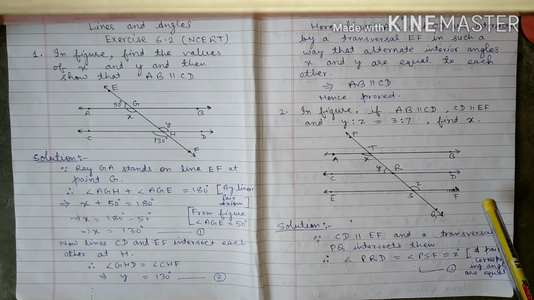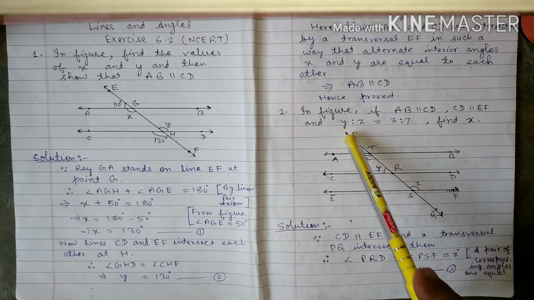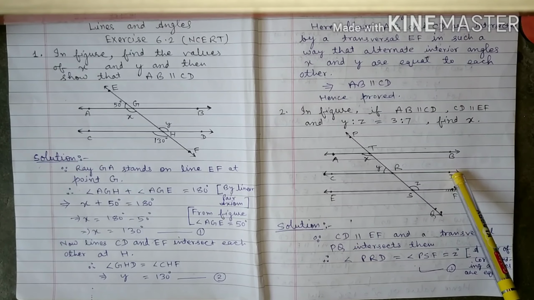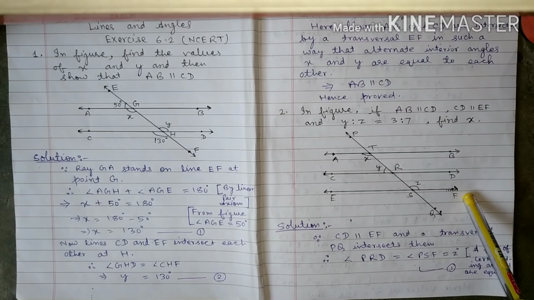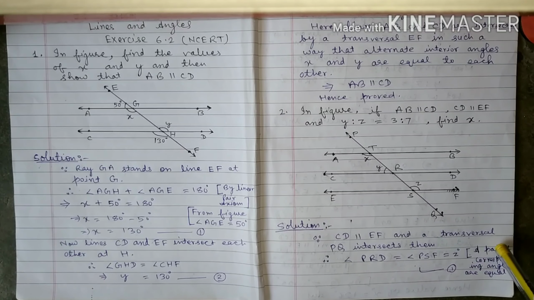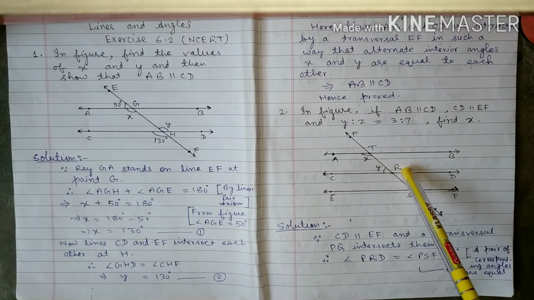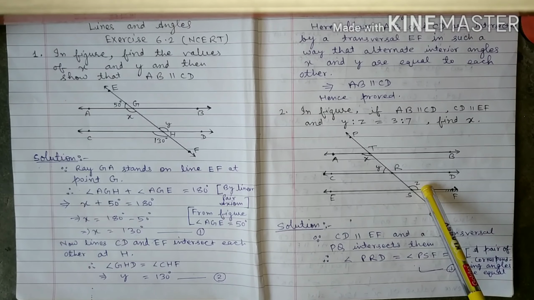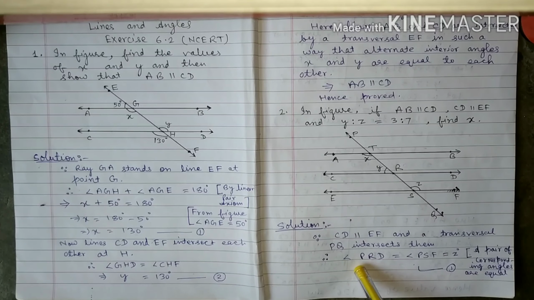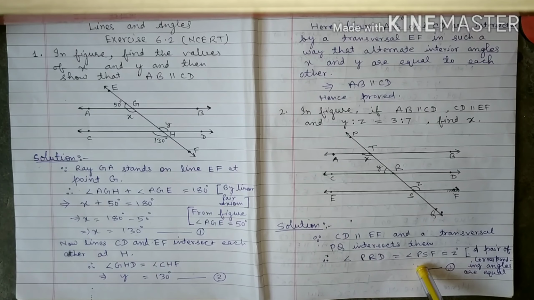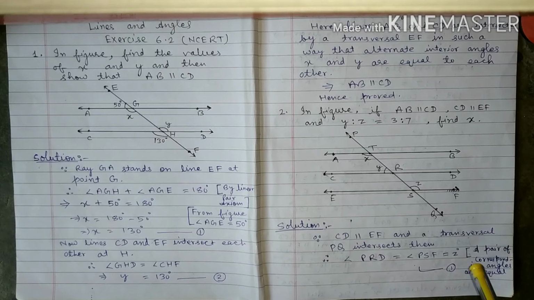Therefore, angle PRD is equal to angle PSF. These are a pair of corresponding angles. So, angle PRD equals angle PSF equals z degrees. We consider this as equation 1.